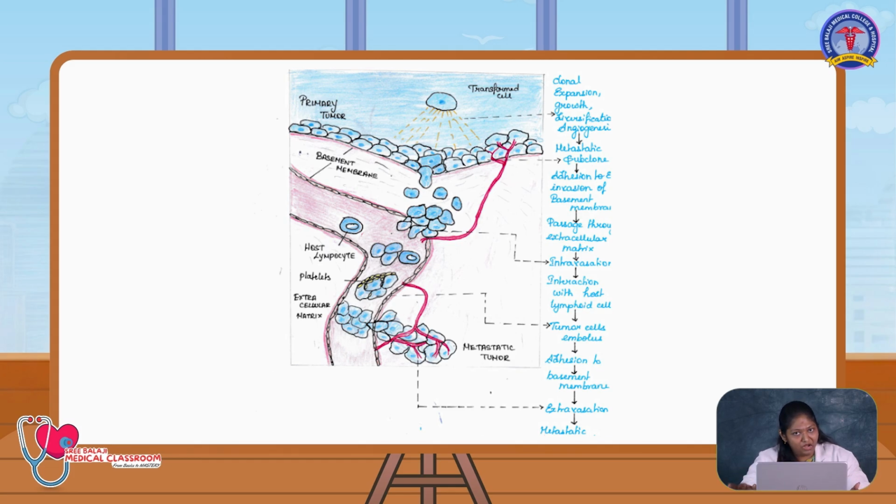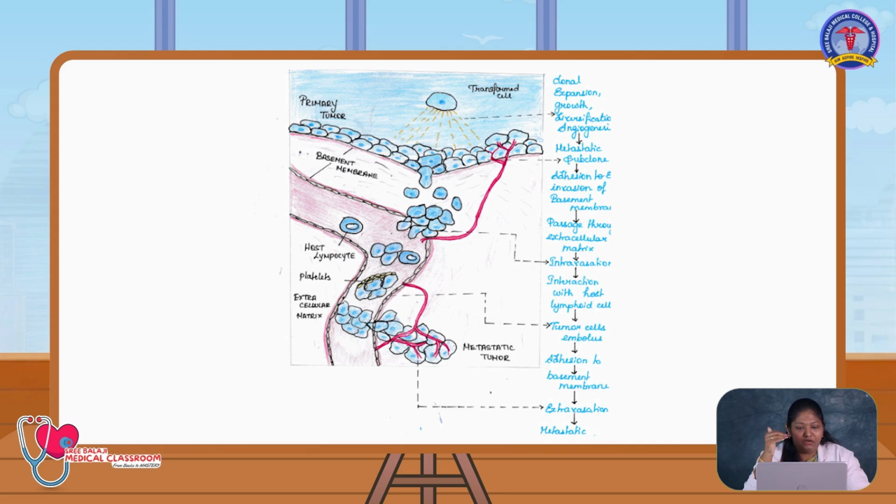So, just a small recap. Today's topic, neoplasia, which is classified under 5 headings: introduction, then the definition, components, and classification of neoplasia.